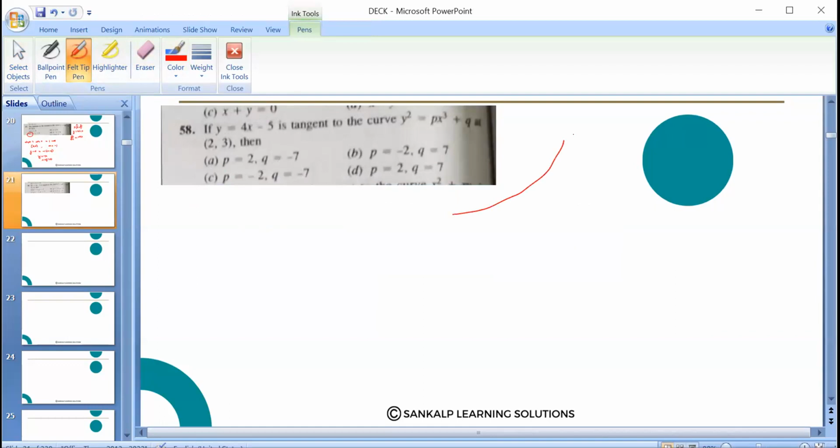So roughly you draw y square equal to px cube plus q at 2, 3. The tangent which is drawn, that equation is y equal to 4x minus 5. So slope of tangent is dy by dx, that is 4.